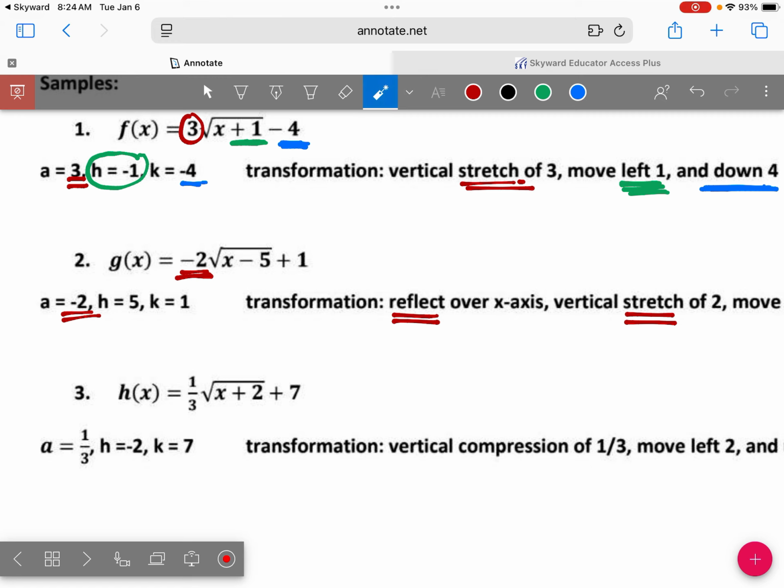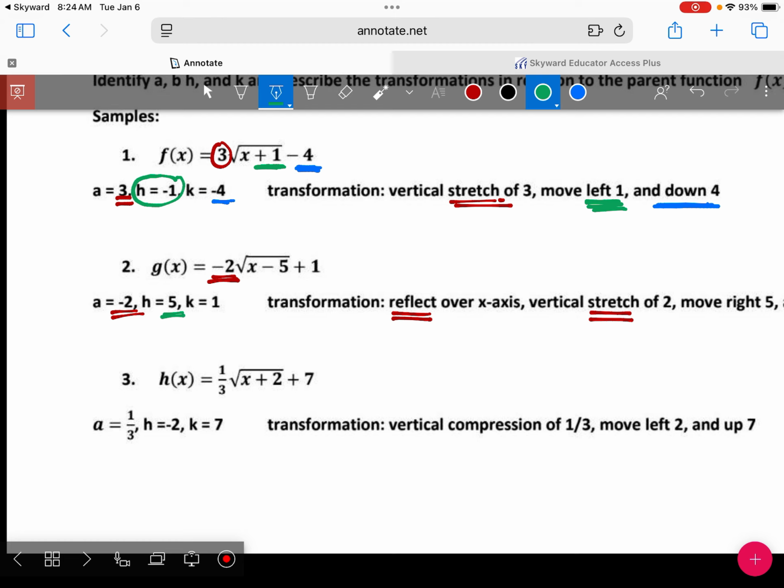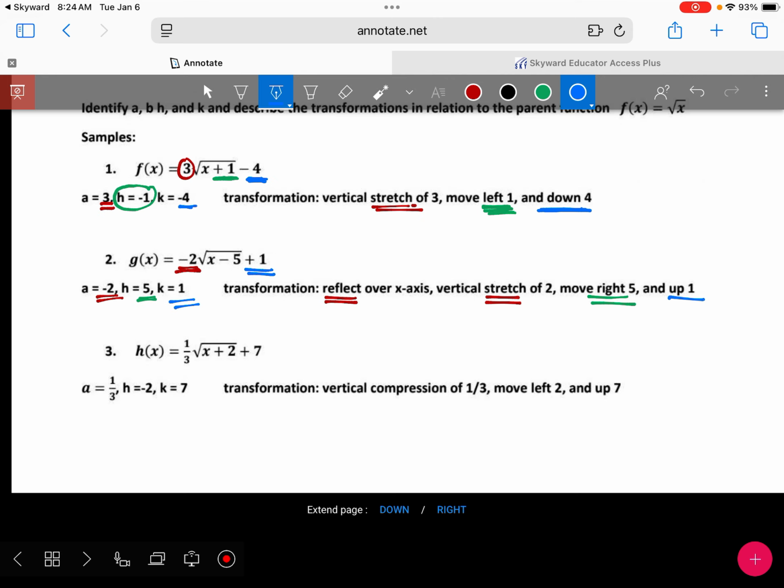Underneath the square root, do you see how it says -5? Well, that means that H is the opposite. It's not going to be -5. It's going to be +5, which is why we said it moved to the right. K is +1, which is why it moved up 1.